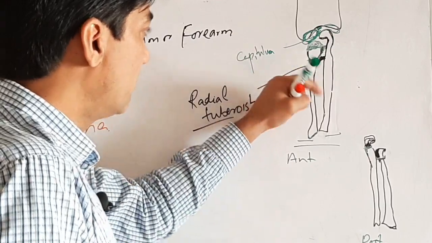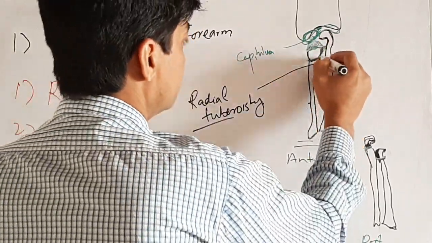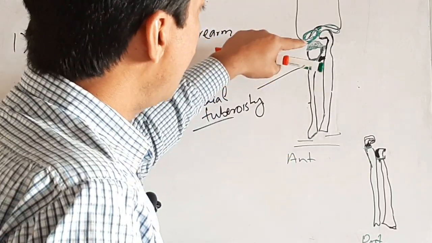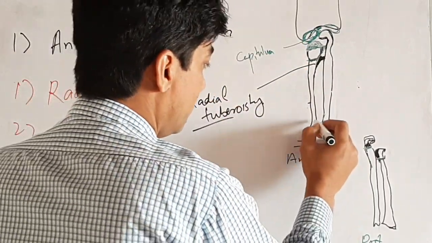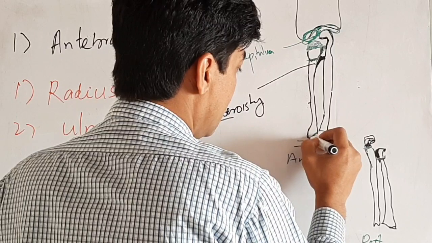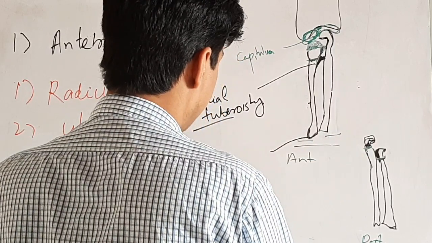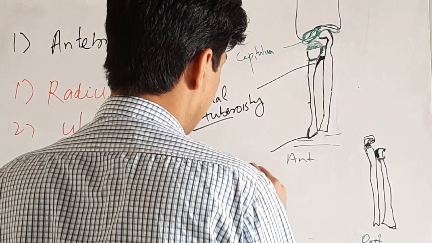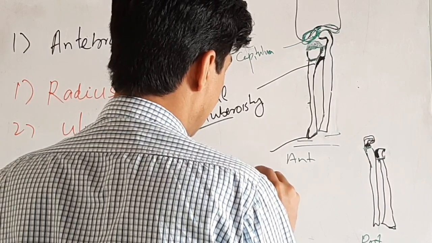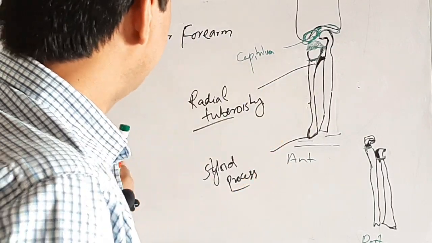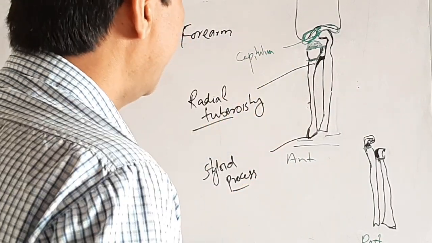Here is the biceps muscle insertion. And distal to the radius, there is a process laterally, called the styloid process.